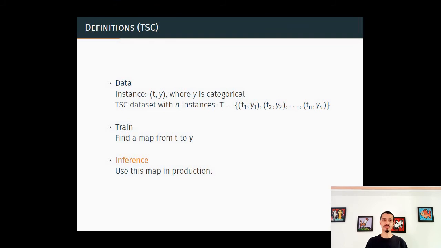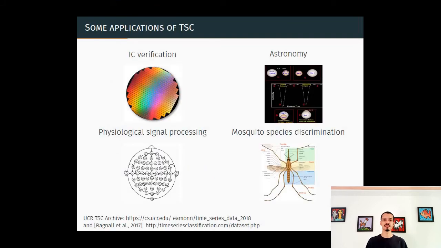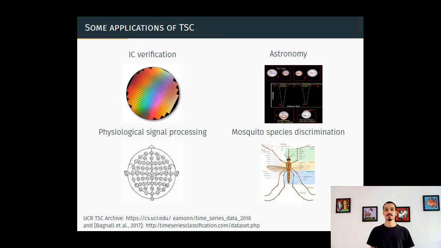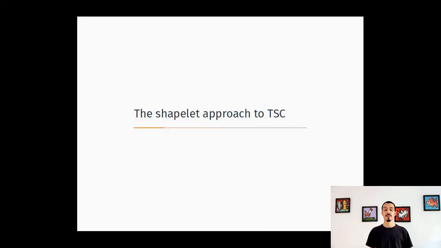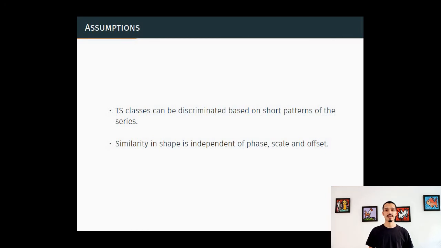To make these concepts clearer, let's imagine that our time series come from measurements of a sensor in some equipment, and the associated categorical variable tells us if the equipment is working correctly or not. When using time series shapelets, we are under the assumption that the classes may be discriminated using short patterns of the data.